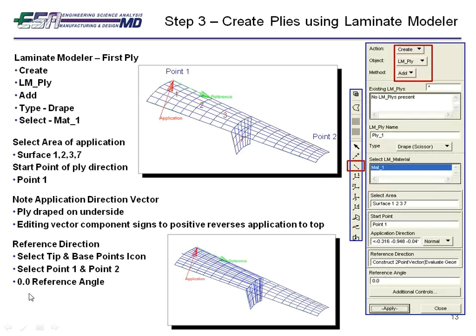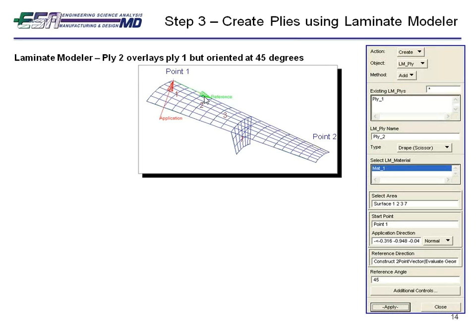And then reference angle is going to be 0, which means that the X direction of the ply, or extra material direction of the ply, is going to be oriented in the same vector as the reference direction. Push apply. So we've created a material or a ply layer on the underside of this fairing.